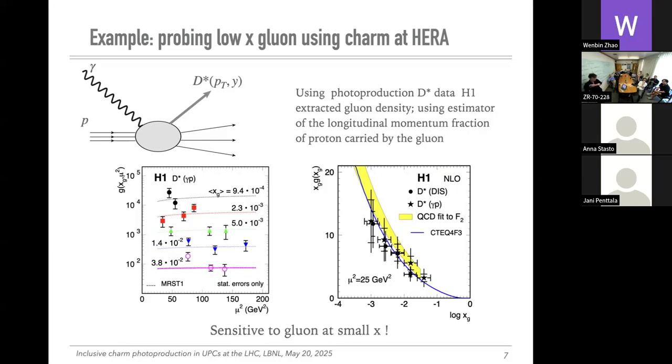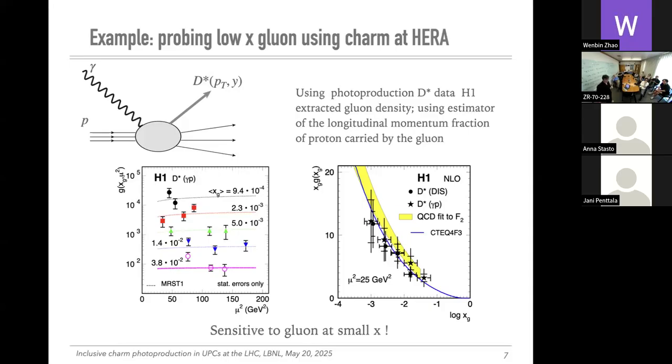H1, so these are very nice. This is actually a paper from '98 where they measured the D star at H1. I will show the data on the cross section, but additionally they have some method, which I do not entirely penetrate, where they actually extract the gluon density themselves, which is very nice.